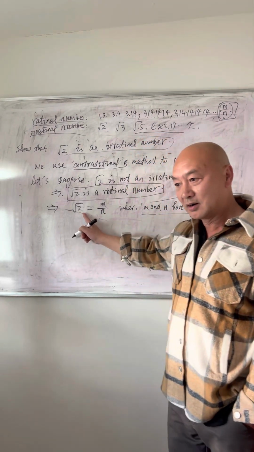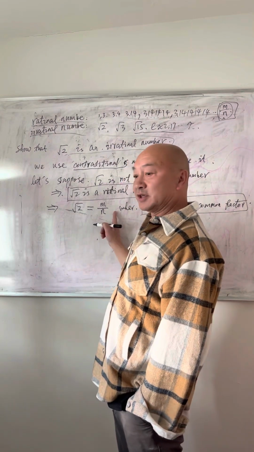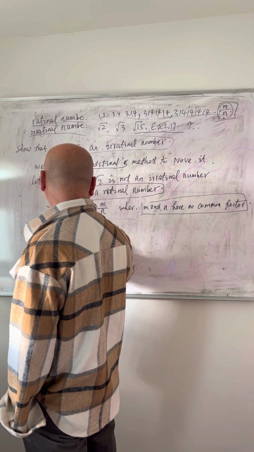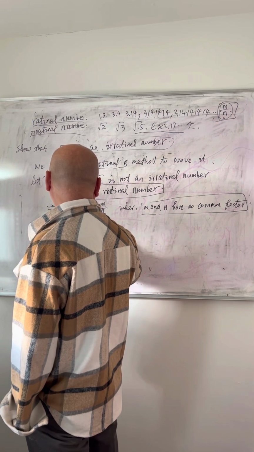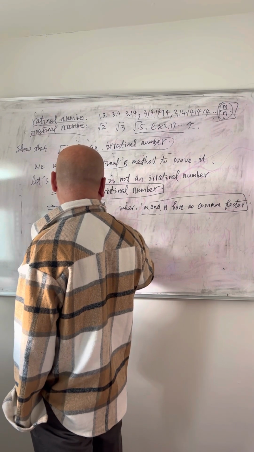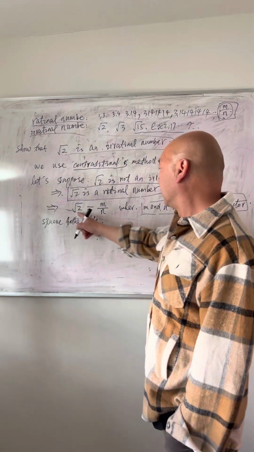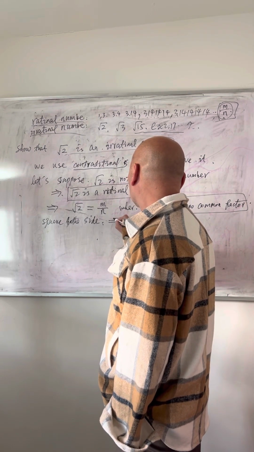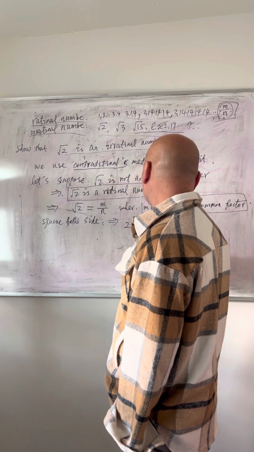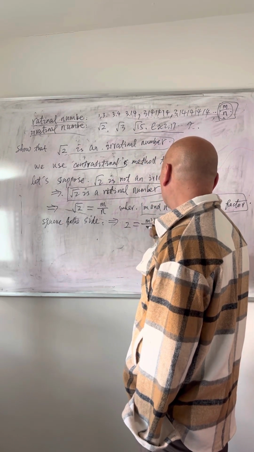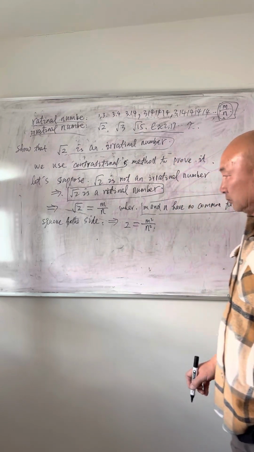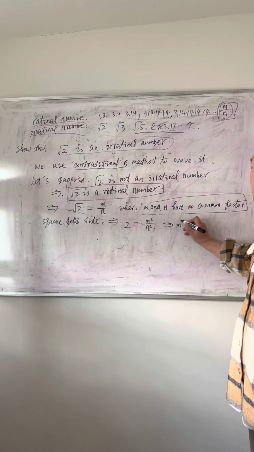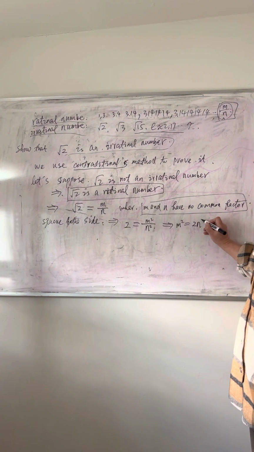We square both sides of the equation, which then gives 2 equals m squared over n squared. So we get m squared equals 2n squared.